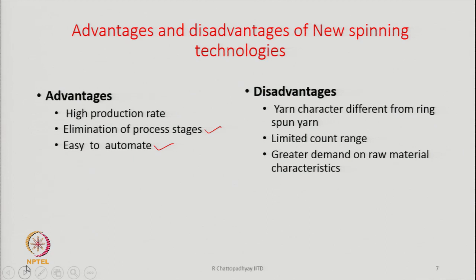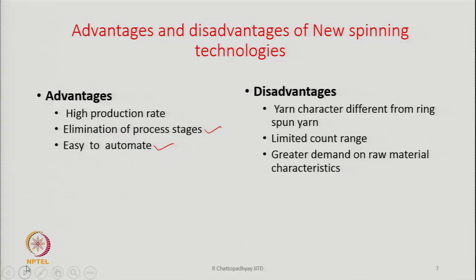The second point is limited count range, that is the count that we can spin on any of these systems is very limited. Ring spinning is the most flexible spinning technology from the point of view of range of counts of yarn that we can produce, from very coarse to very fine. But with the new spinning technologies, you will see that some of them are suitable for coarse counts, some of them are suitable for medium to fine counts. That is the disadvantage that we have with these spinning systems.